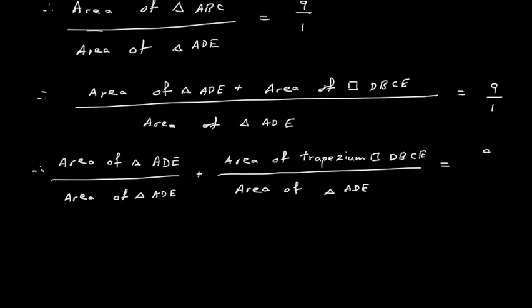So this is your 9 upon 1. Now this left part, it is the ratio of two similar things, so it is 1.